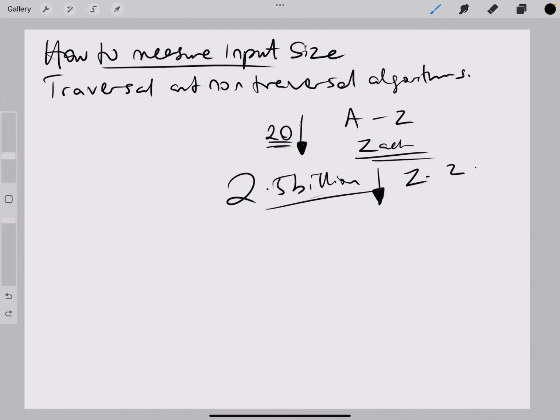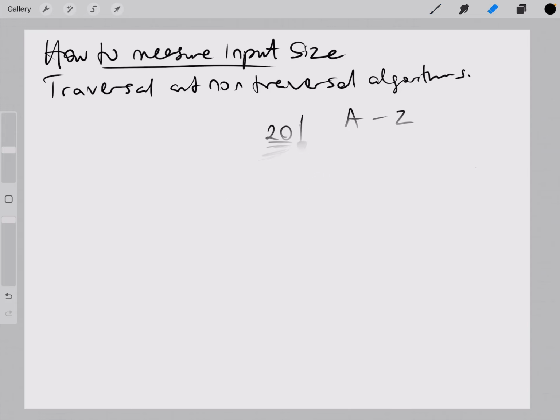So the input size usually is not dependent on the total number of elements inside the input for the algorithm. It could be, but we are not saying it is. And then how do we deal with that? We have to first of all understand traversal and non-traversal algorithms.